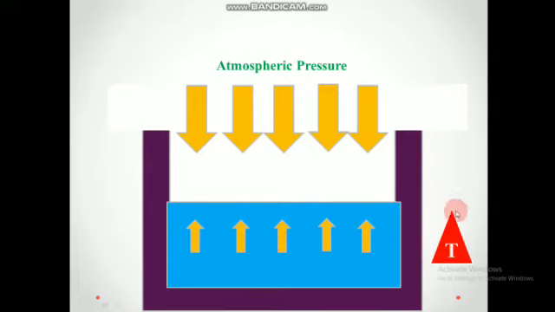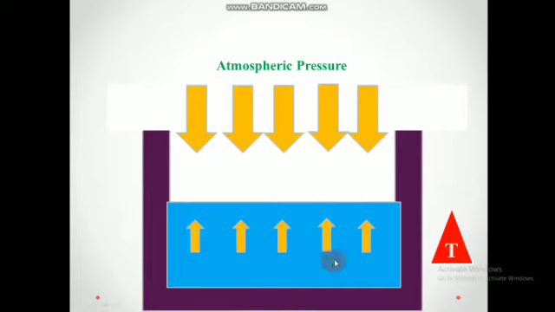As we increase the temperature and it reaches the boiling point of this liquid, for example, we can take water. We are starting the temperature and it is increasing. Initially the vapor pressure will be lesser, and when it reaches 100 degrees Celsius, the temperature reaches the boiling point.